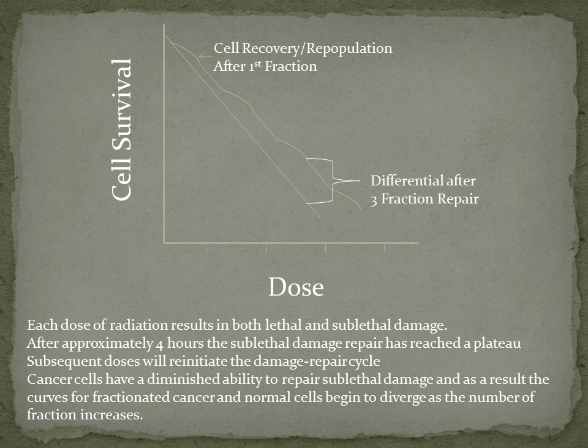So the way radiation oncology has evolved is that if you give cells a dose of radiation, you will have, for every increasing dose, more and more cell death. If you actually give a small dose and wait a period of time, cells repair. And what you see here is the repair. So I've given 1 dose, they repair, a 2nd dose, they repair, a 3rd dose.